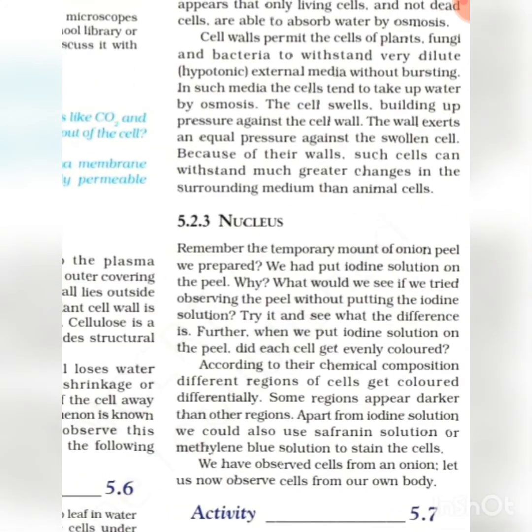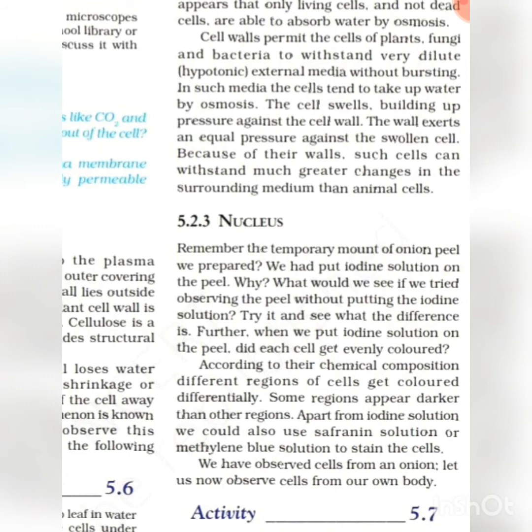Cell wall permits the cells of plants, fungi and bacteria to withstand very dilute external media without bursting. In such media, the cell tends to take up water by osmosis. The cell swells and builds up pressure against the cell wall. The wall exerts an equal pressure against the swollen cell.